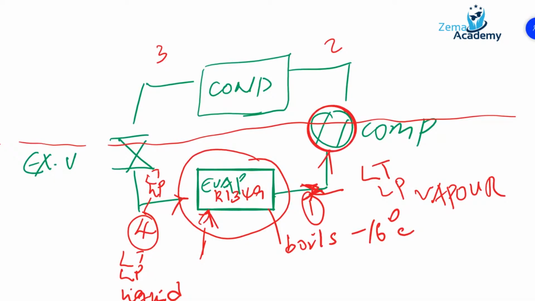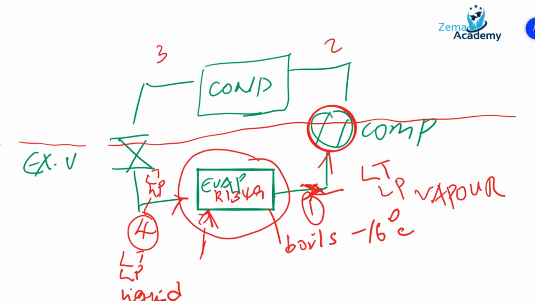Okay, and the primary function of any compressor is this: at point 1, we have vapor, but that vapor is at a very, very low temperature and low pressure.